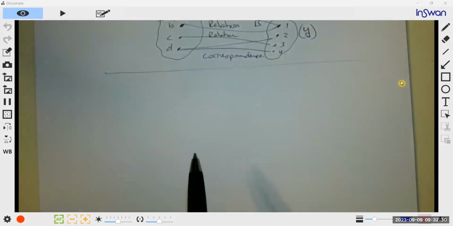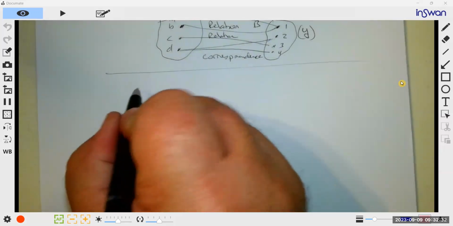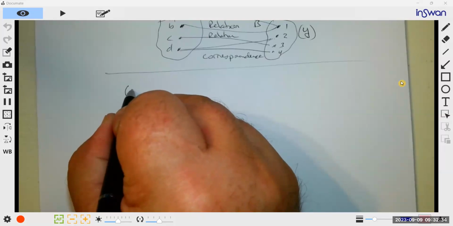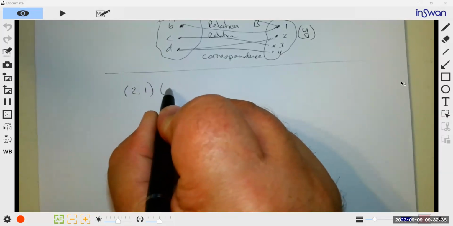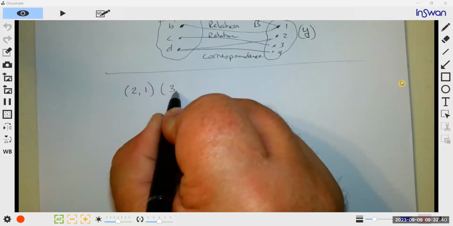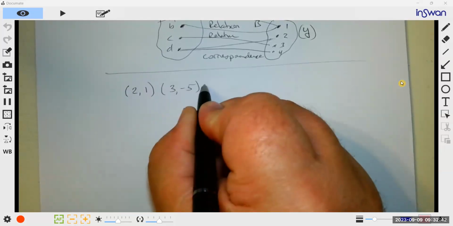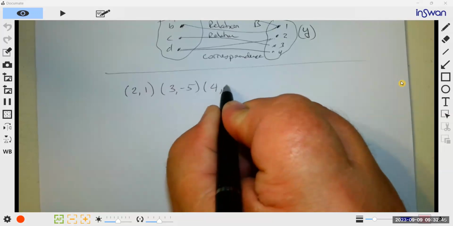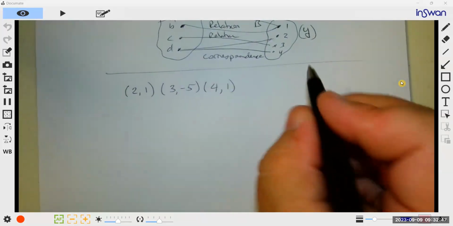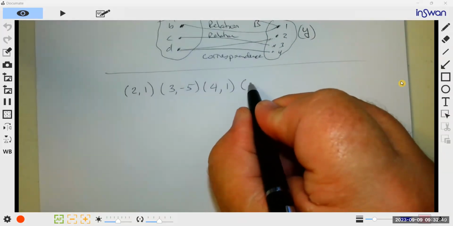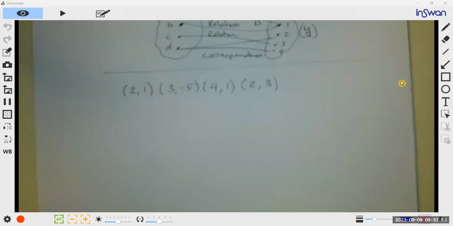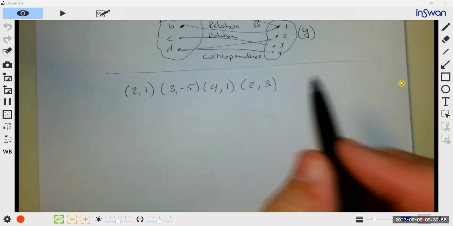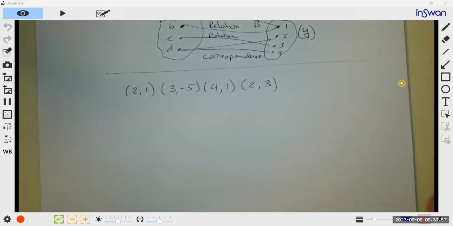Here's another way we can look at it. If I had points, are these points, do they form a relation or do they form a correspondence?